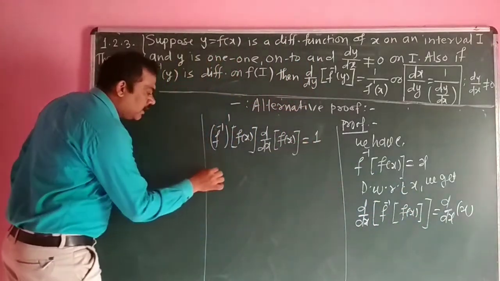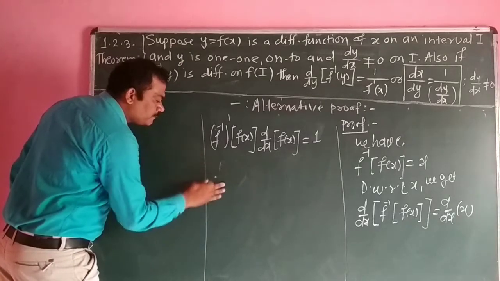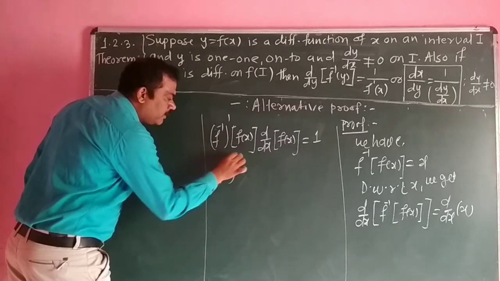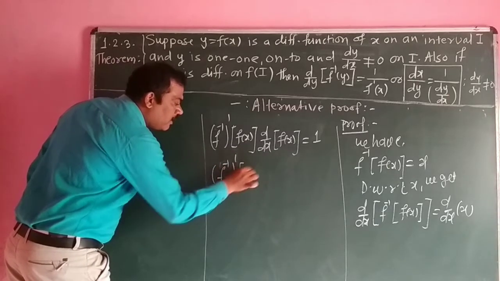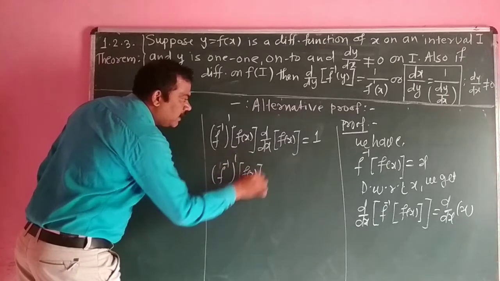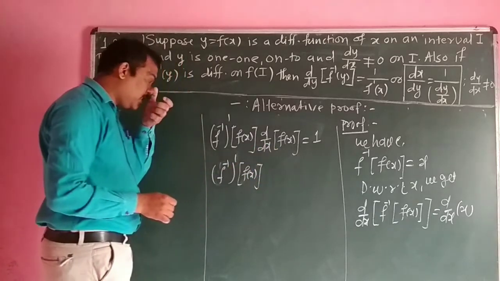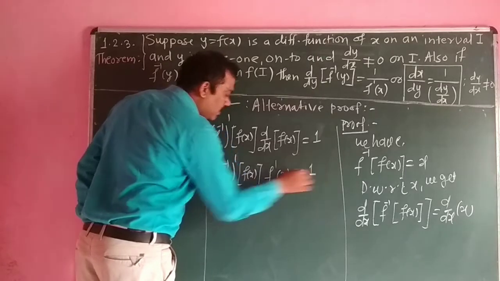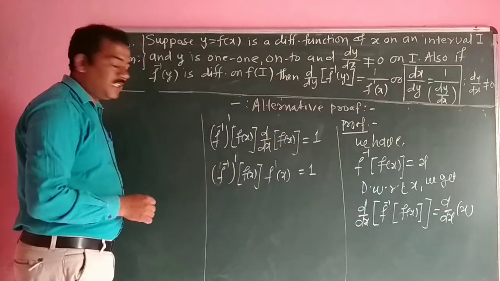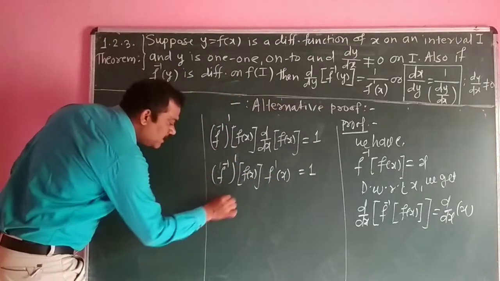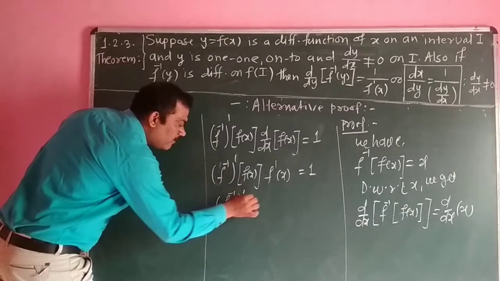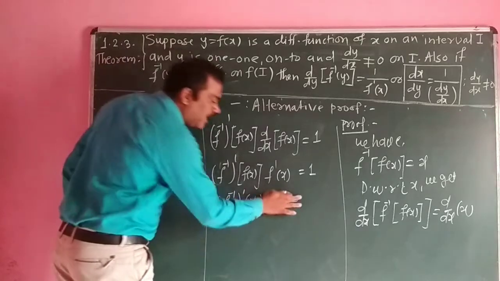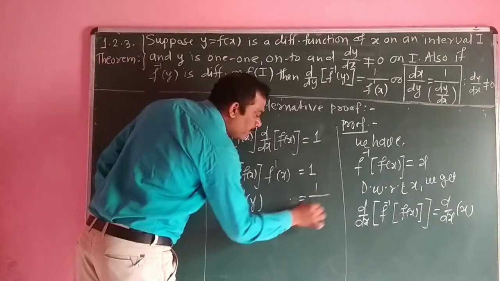That is, f inverse dash of f of x into the derivative of f of x with respect to x, which is f dash of x, is equal to 1. The value of f of x is nothing but y, so f inverse dash of y is equal to, taking this f dash of x to the other side, 1 upon f dash of x.